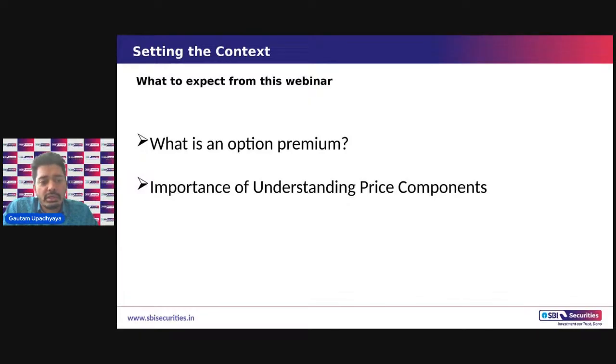It's more towards the index options side. मैंने बहुत सारे examples के साथ concept को लिया है, so that anyone who's trading in this particular product gets a complete understanding of all the concepts. See, basics clear रहेंगे तभी आप advanced level पे आपके कोई भी doubts रहेंगे that can get cleared at an easy level. So basically what is option premium, importance of understanding price component.